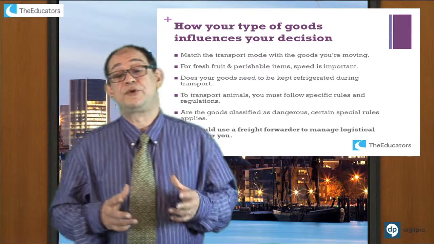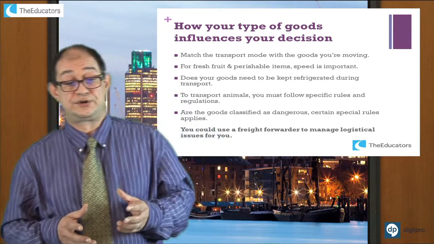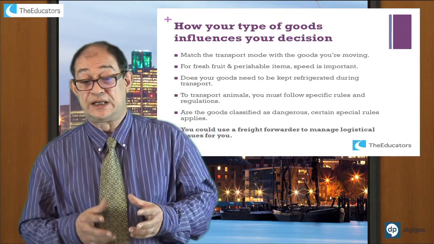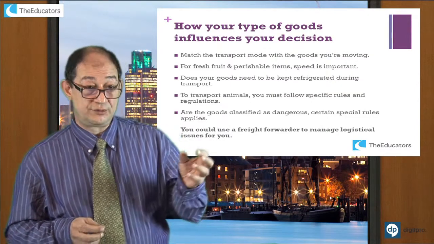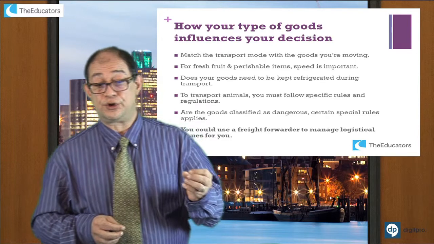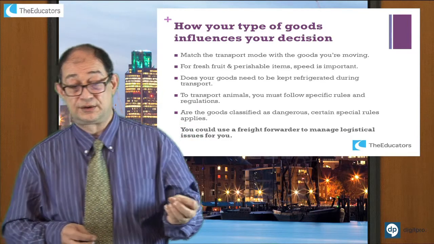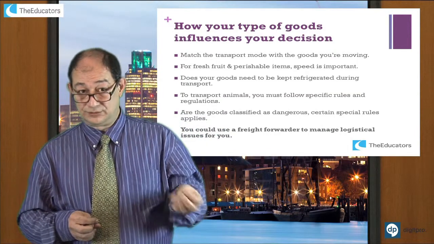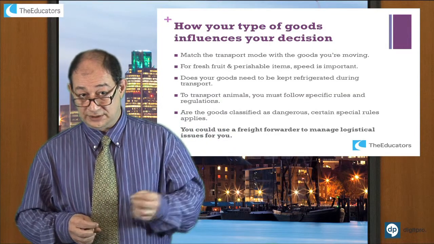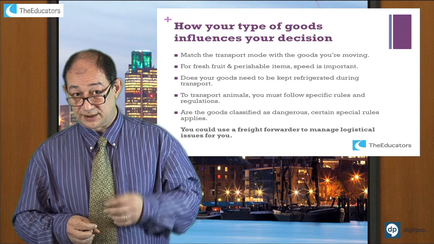Now, the type of your goods has a big influence on your decision as well, which has to match the transportation you want to use. Let's say you're moving fresh fruit or perishable items, foodstuff: the speed is important. You have to move it very fast and get it to the market, otherwise it would perish.